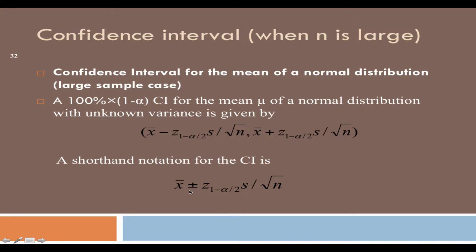The short notation is x bar plus minus the z quantile times s over square root of n, because you have a large enough sample size.